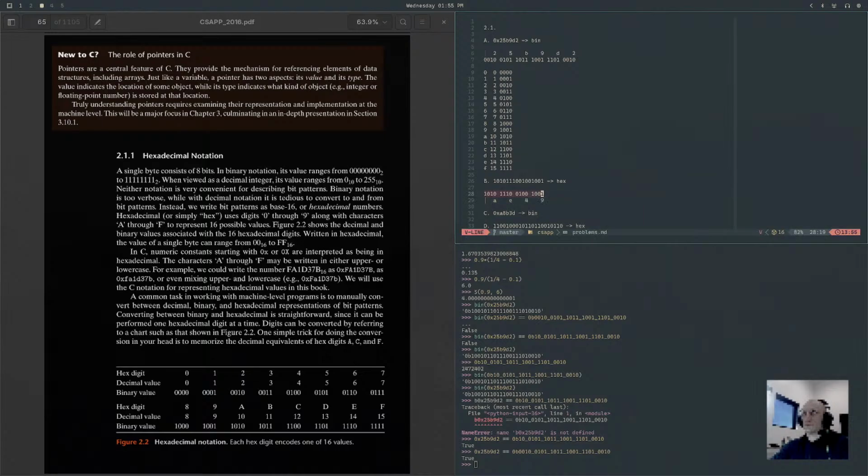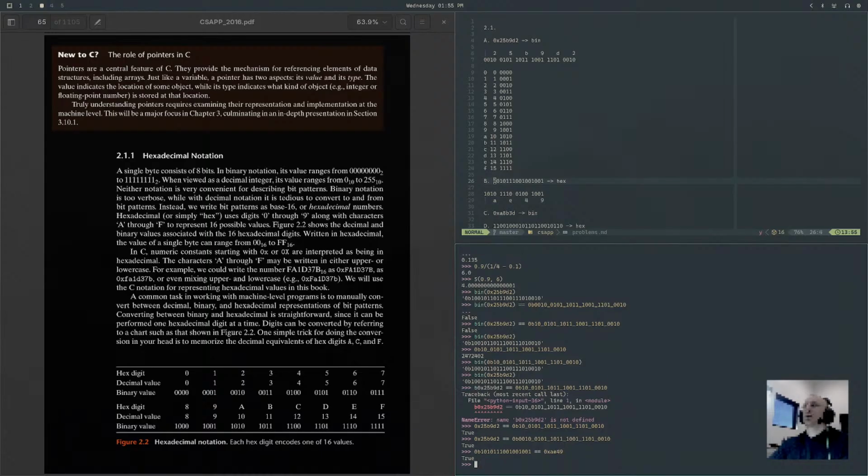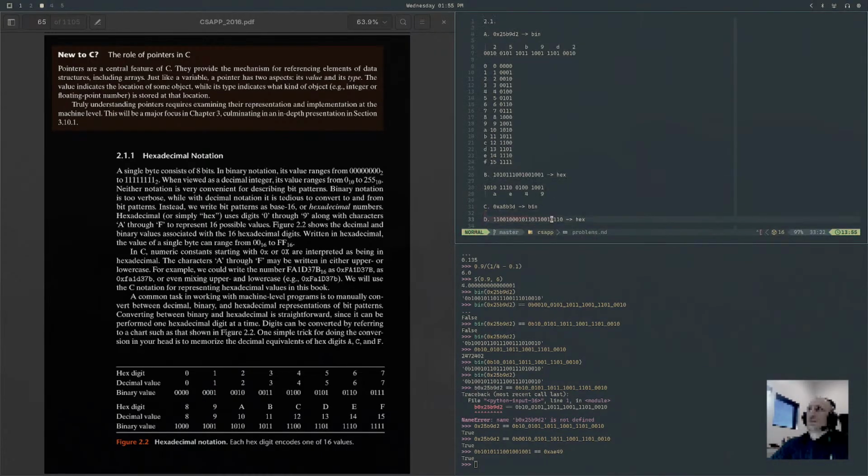I did that without looking at the table. So now we can say, hey, 0b, this value is equal to 0xAE49. That's true.